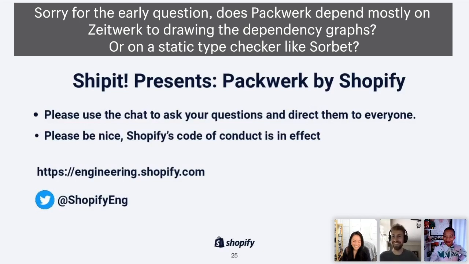No worries. So I think I can take this one. We considered basing it on Sorbet, but when we started working on this, Shopify wasn't fully committed to Sorbet yet, and we didn't really know. We had a team working on Sorbet, and we were pretty invested in it, but we didn't know that it would actually work out in the long term.